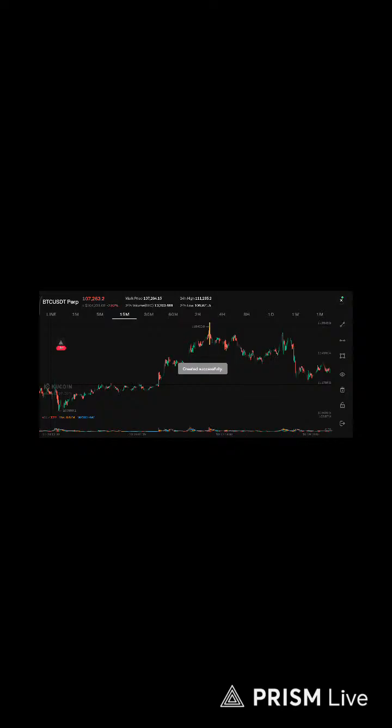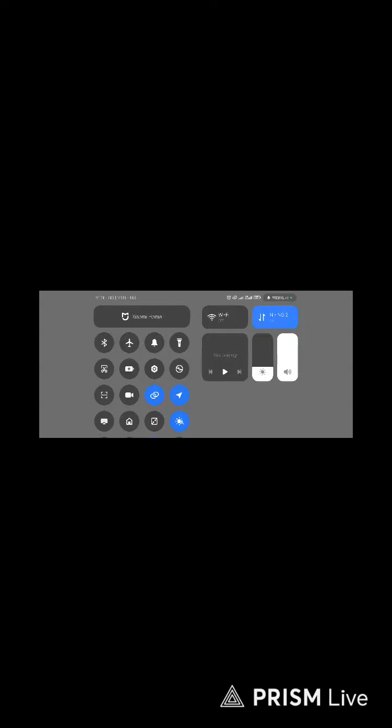The price was an uptrend to 116,400. See the price here: 116,398. That is the price of the BTC.